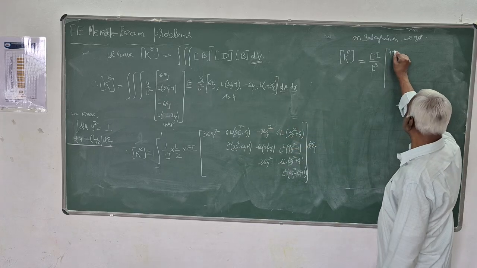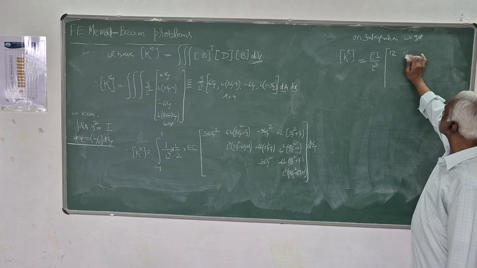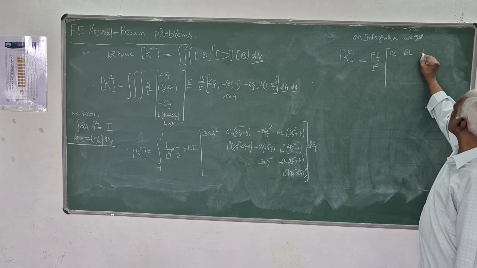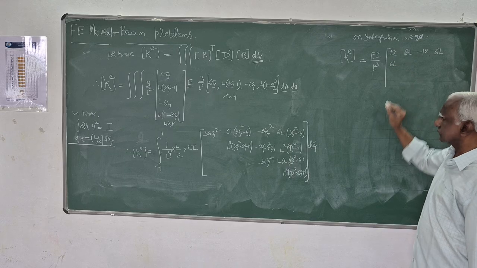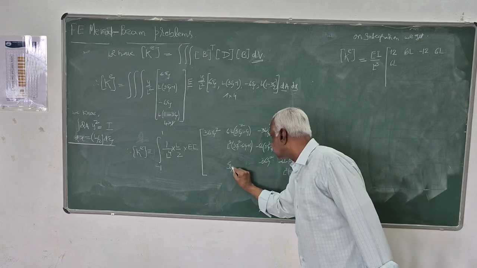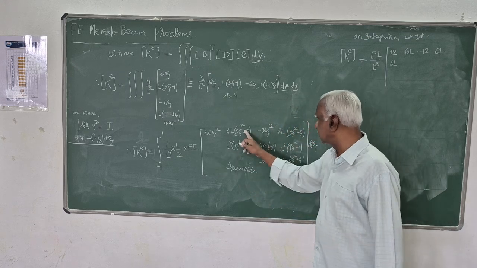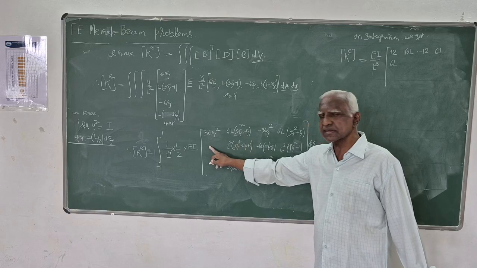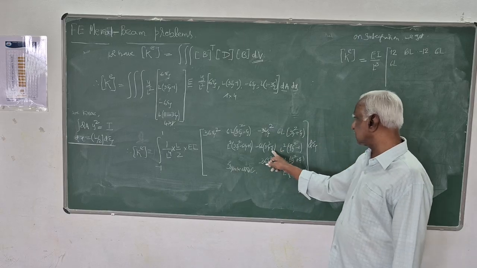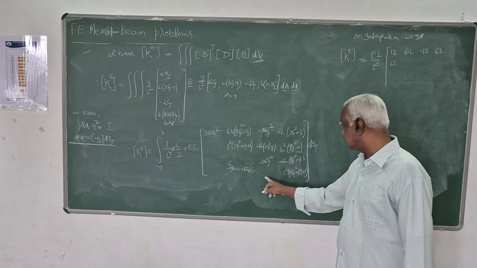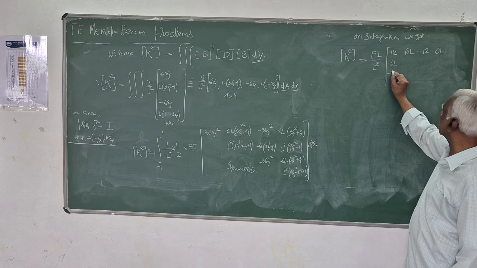So finally integration will result in this, then 12 and 6L, minus 12, 6L, then this is symmetric. The same expression will come. The second column will come as second row. This will come third. This is fourth. Like that. So here also it will be symmetric.